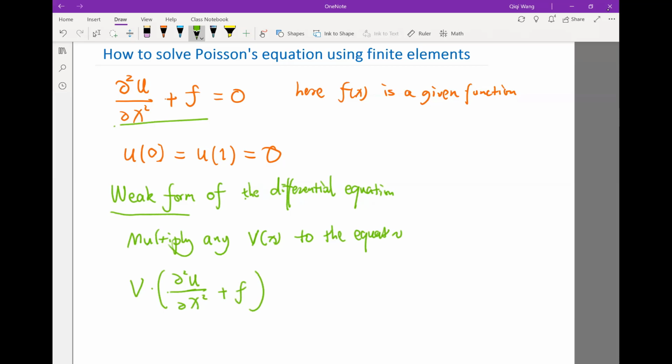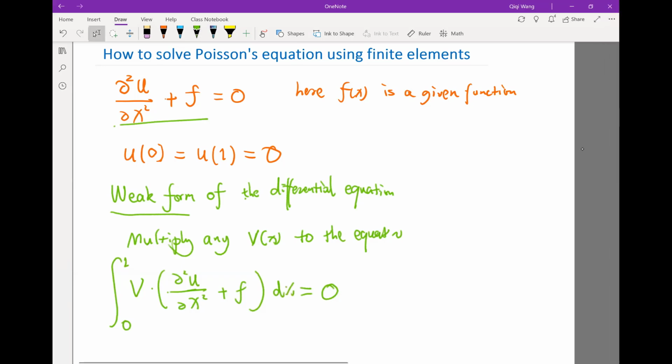That's still equal to 0, because what's in the parentheses has to equal 0 for any x. So you multiply this with any function, it's still equal to 0. Then we integrate over the entire domain from 0 to 1 dx.